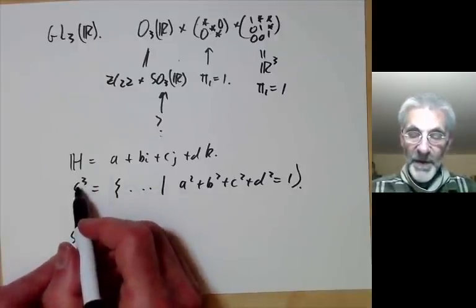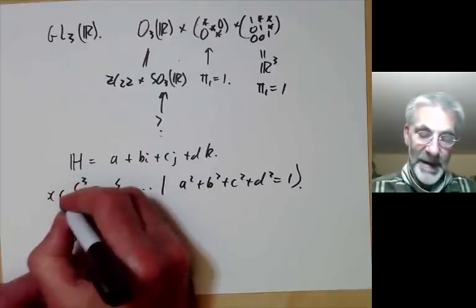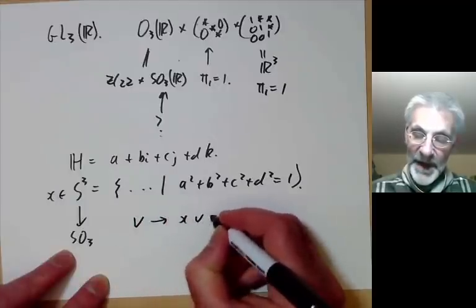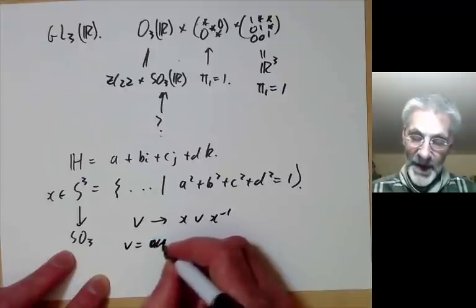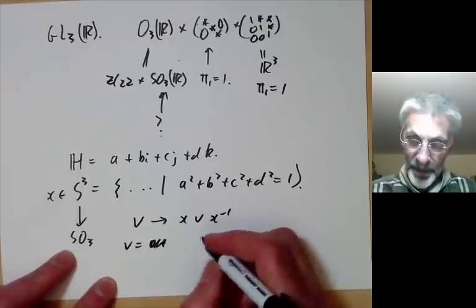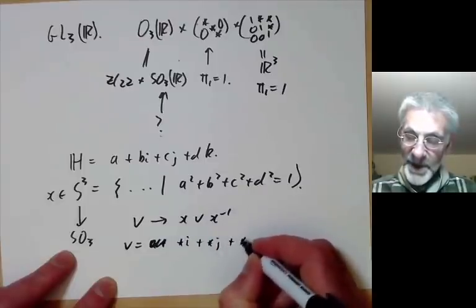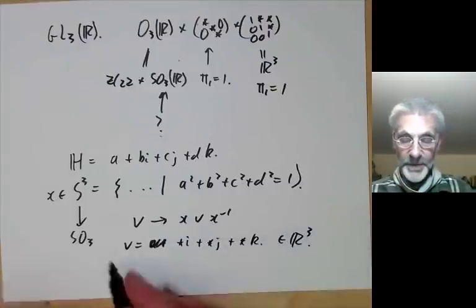And the three-dimensional sphere has a map to the special orthogonal group because if you've got an element x in this three-dimensional sphere, it just takes an element v to x v x^-1, where v is something times i plus something times j plus something times k, as a vector in R^3.